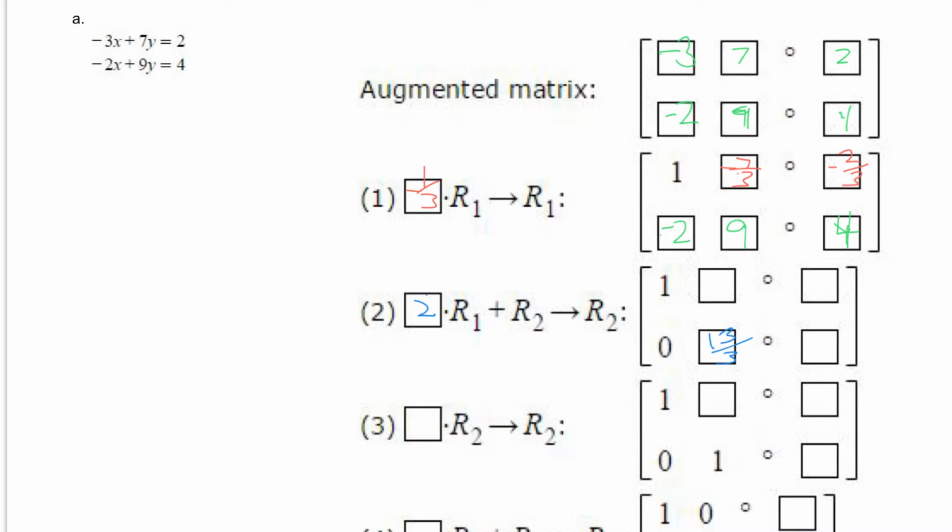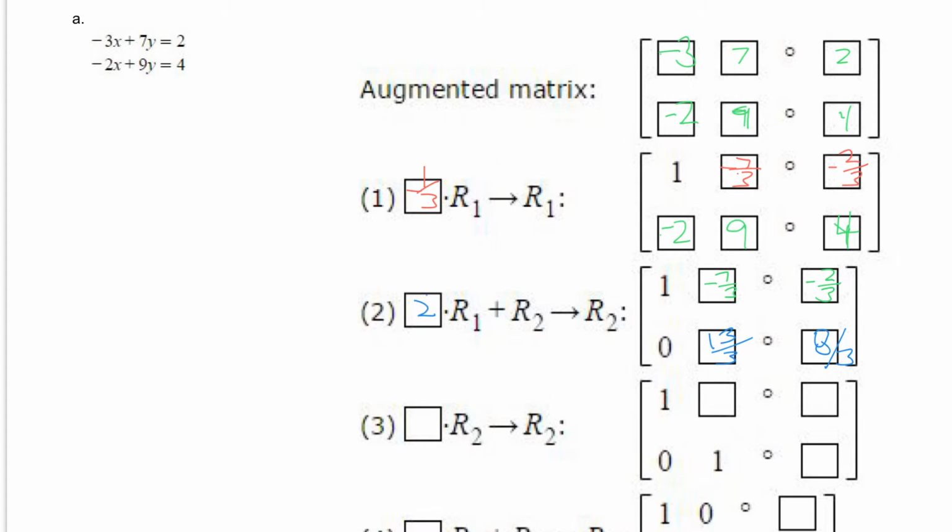Then I have to do 2 times negative 2/3 and add it to 4. So 2 times negative 2/3 plus 4 will give me 8/3. So 8/3 will go in this box. I haven't changed the top row at all, so I'm going to leave that alone, and that's going to be negative 7/3 and negative 2/3.